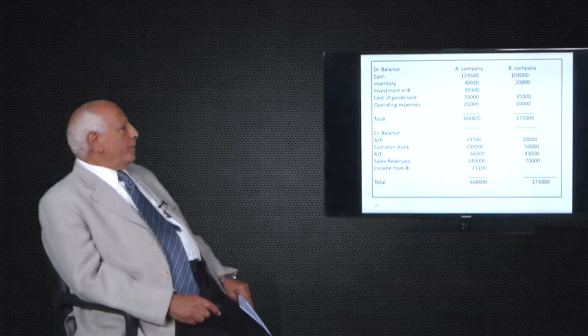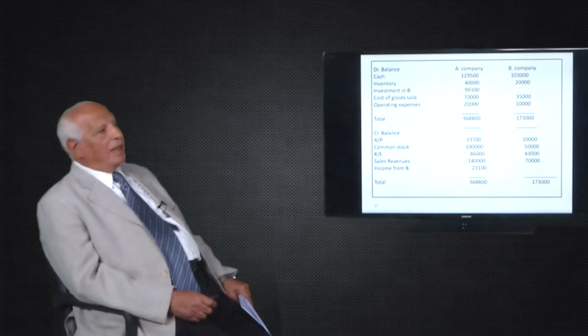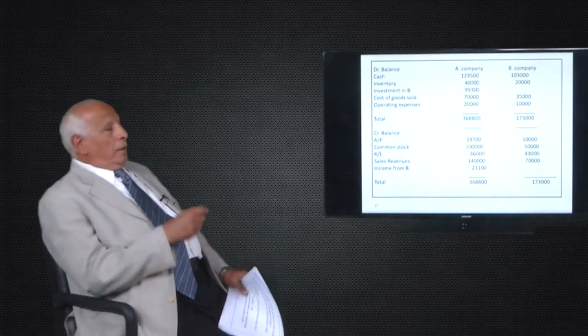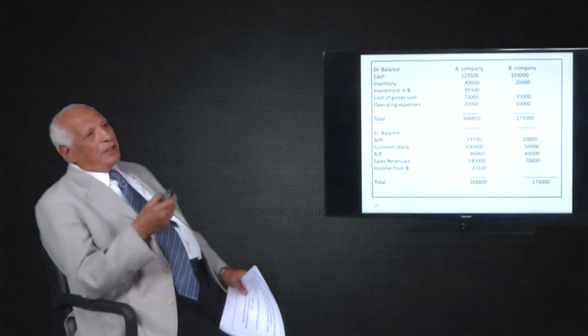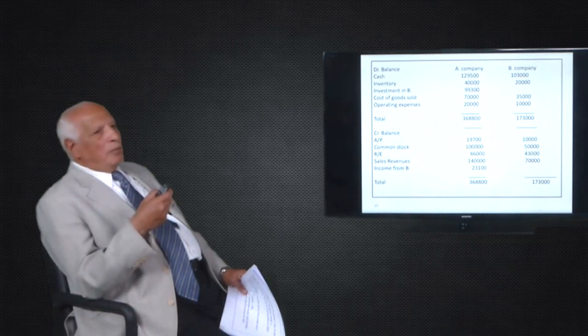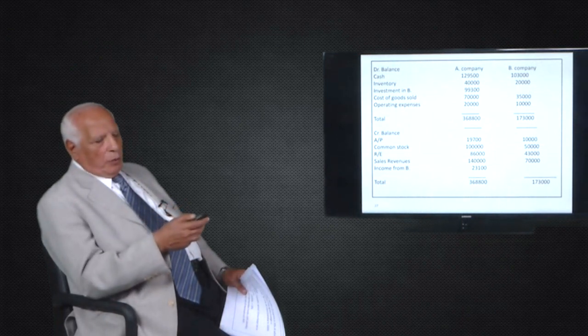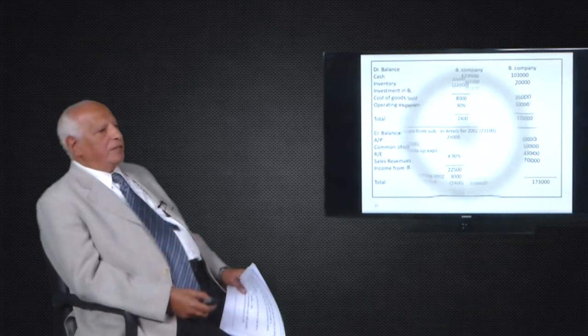Credit balance, you have accounts payable, common stock for A and B, retained earnings, sales revenues, and income from B. All of this is credit balance, and that one is debit balance. Okay? Before you answer, you need to read it carefully, see why this one is debit, why this one is credit, and what you are going to do with it. Let's see, it depends on the requirement. Okay, let's go to the requirement here.